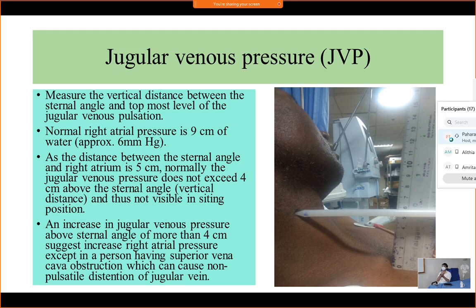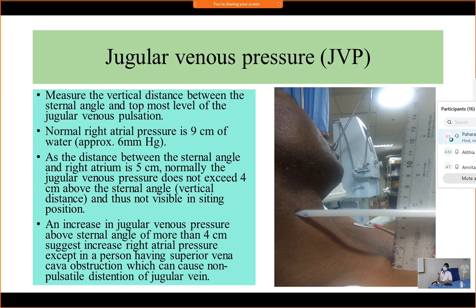Then we have to assess the topmost level of the jugular pulsation, and when we get this topmost level, then we make a horizontal line here with the help of this straight edge. Then we have to measure the vertical height of the jugular venous pulsation. So whenever you get a visible jugular venous pulsation, you have to measure the vertical distance between the sternal angle and the topmost level of the jugular venous pulsation.